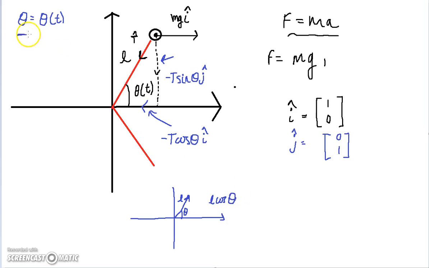Remember, theta is theta of t, so theta is a function. It's not a constant angle. So it has a magnitude of L cosine theta in the i hat direction, or the x direction, and L sine theta in the j hat direction. So that's its position vector. I'll call it S hat.